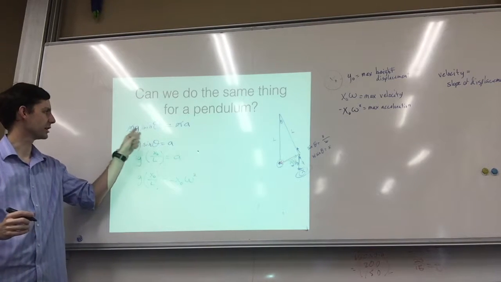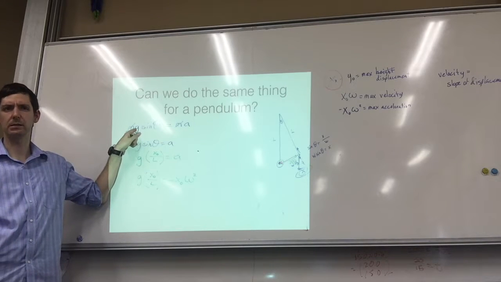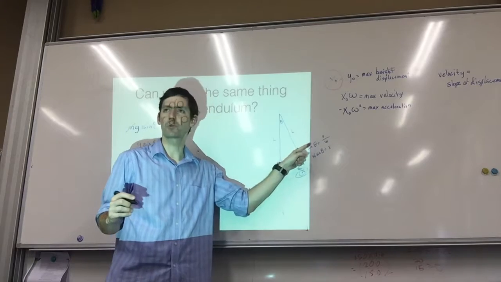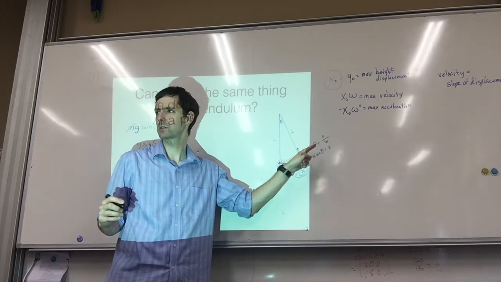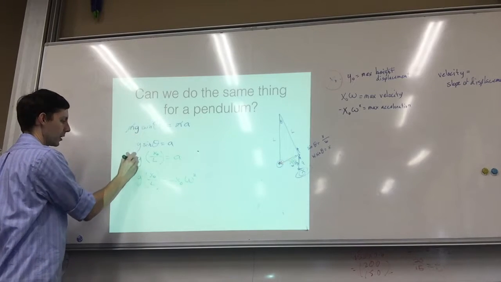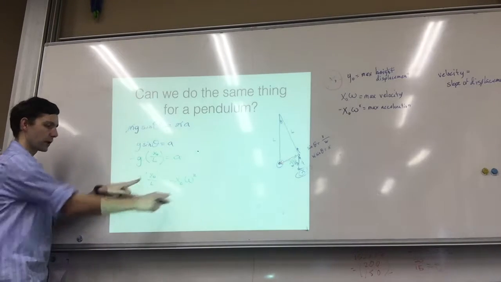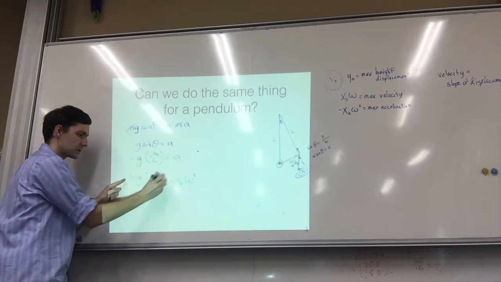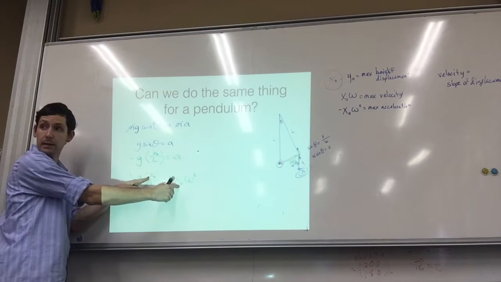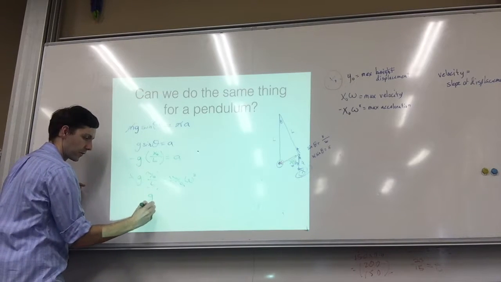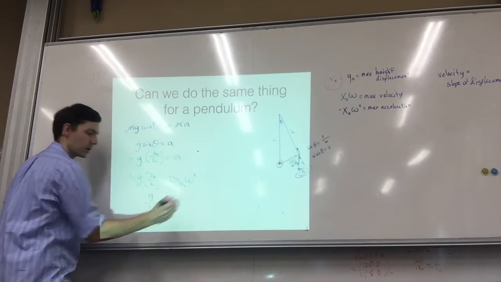Oh, we forgot to mention here, g is gravity, 9.8. If the displacement is to the right, what direction is the force? To the left. So I apologize, this should have been a negative all along. Okay, so what can I do here? Cancel the negatives. Cancel the x naughts. And so I'm left with g over L equals omega squared.